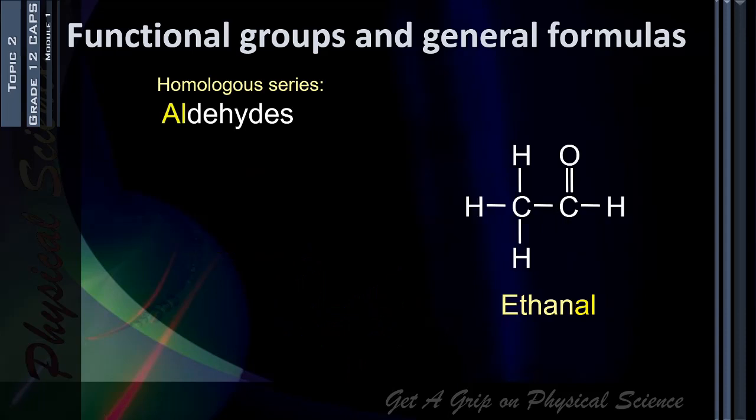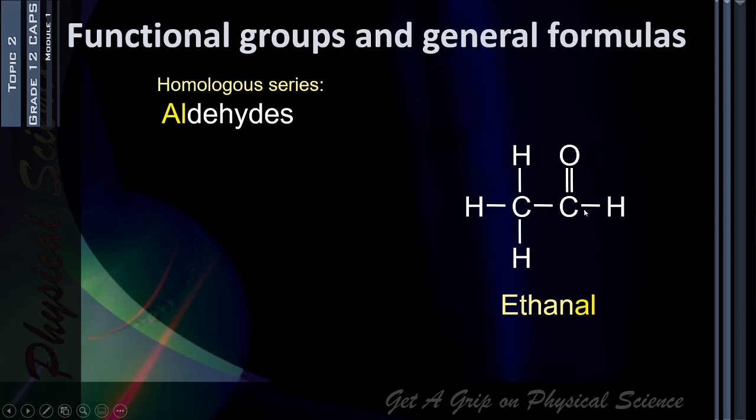The aldehydes are not included in the IEB syllabus, but they are included in the CAPS syllabus. Now the name of an aldehyde ends on AL, and a molecule of an aldehyde will always have this formyl group.